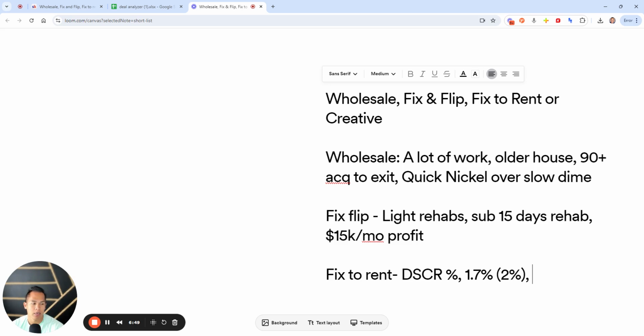Fix to rent, and then we shoot for whenever we're done with the rehab, I want to be at least 65% all in, because I know at 70%, most of the hard money lenders, most of the DSCR lenders, they're going to cap you out at like 70%, 75% on your cash out refis, either cash out refis or your rate and term refis. They're going to cap you out about 70% once they factor in their loans, because a lot of people are thinking, oh, I can cash out refi, I can get my money back up to 70%.